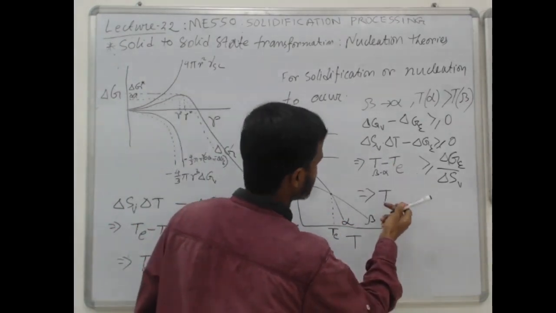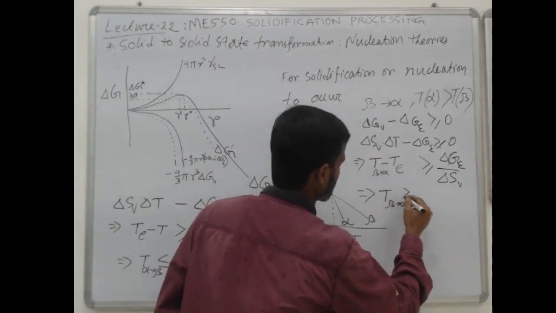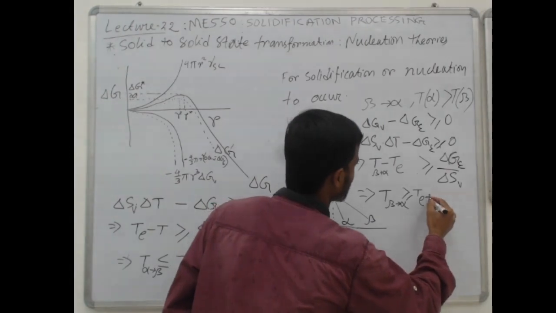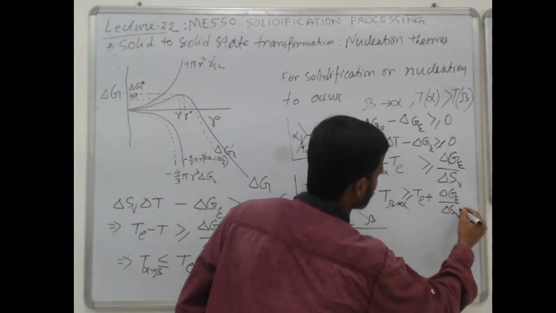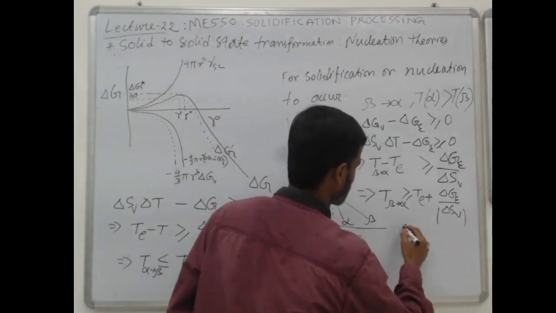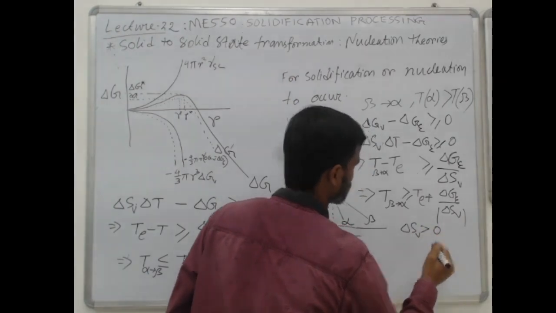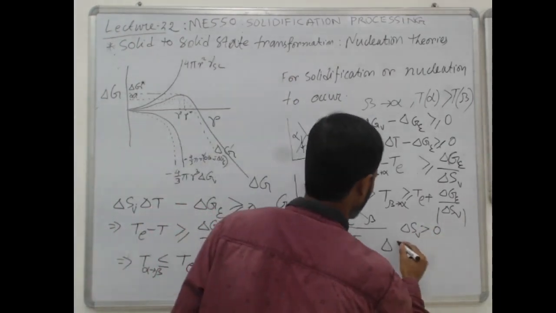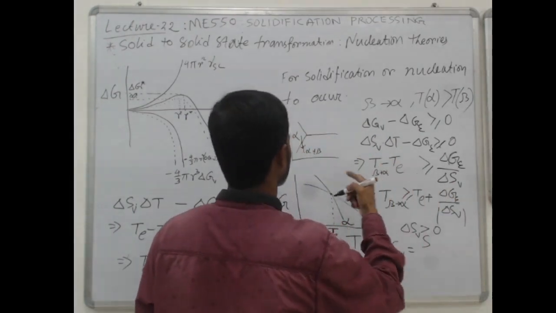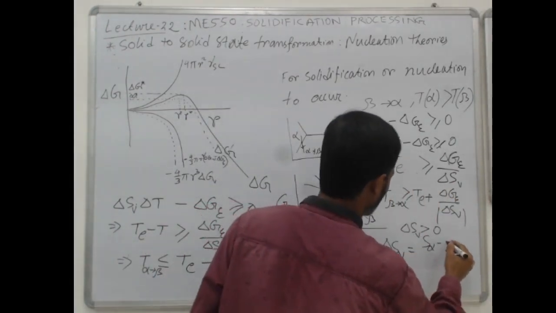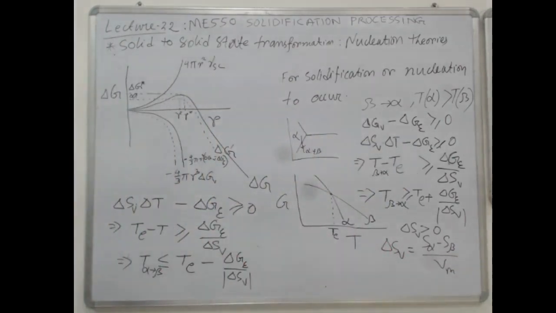So you get T beta to alpha greater than or equal to T_E plus delta G_E by delta S_V. Here also it is modulus. So delta S_V now will be greater than 0, because delta S_V will be S beta to alpha. We are going from beta to alpha, S alpha minus S beta per volume.